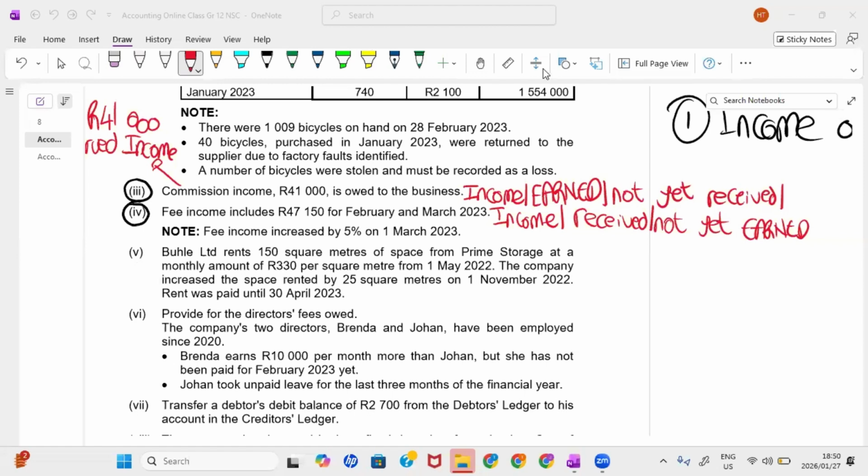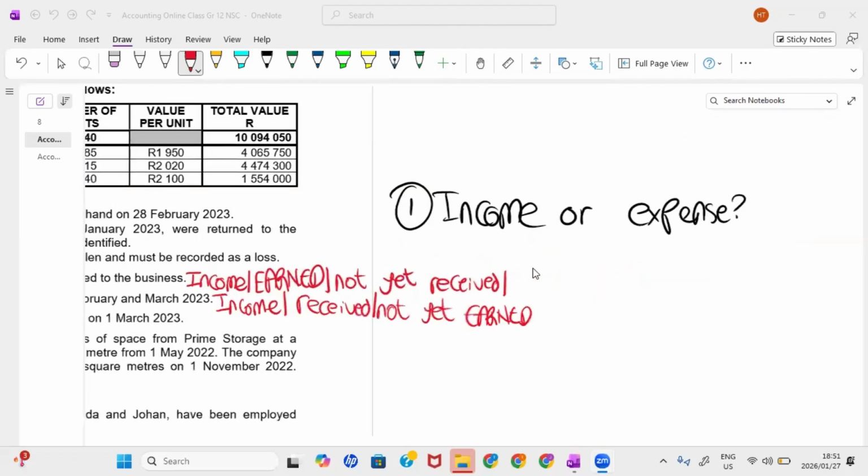Please just write your answers there in the chat. Or you can feel free to open your mic. Okay, I'm already getting an answer. Deferred income, I think that's clear. It's deferred income, yes. Thank you.